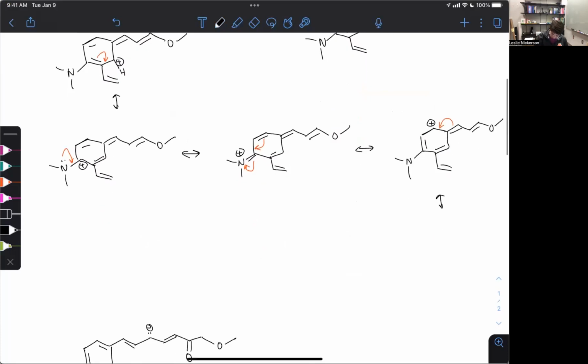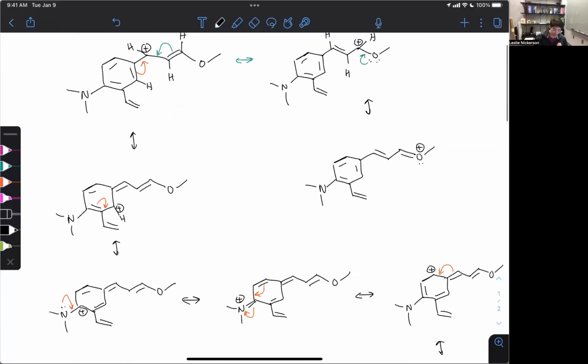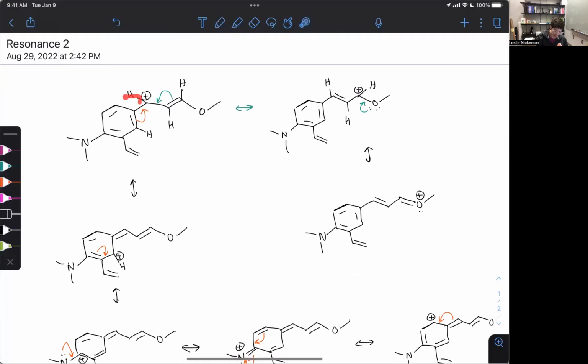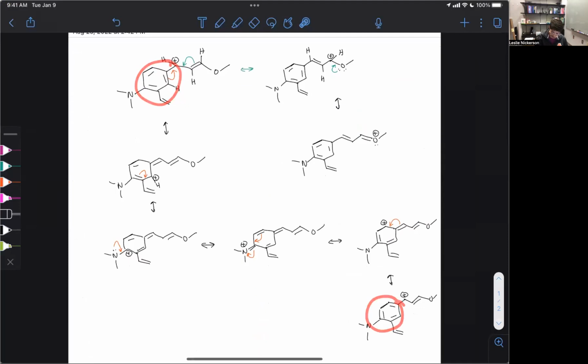I'm getting to a resonance structure of it, where now I have my pi bonds slightly offset. So I end up here. Okay, so it's almost like how I started, but if you look at the pi bonds here versus the pi bonds here, they are shifted one over.